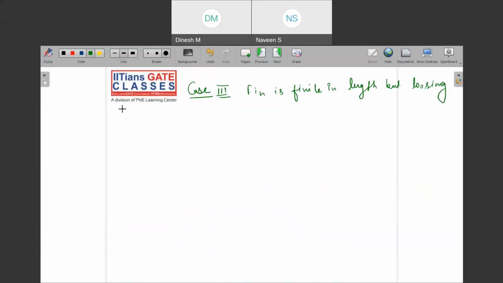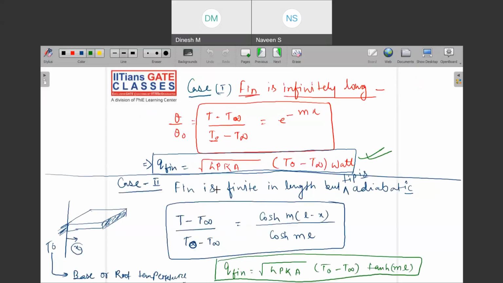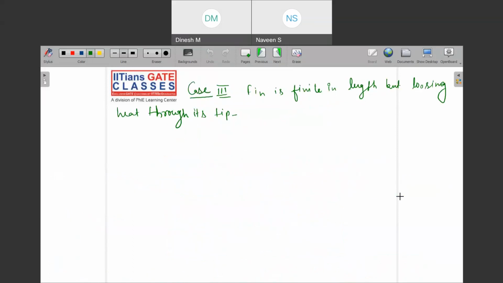So how is this different from the previous one? Here the fin was finite in length, but it was not losing heat through the tip. But here you have started losing heat through the tip.